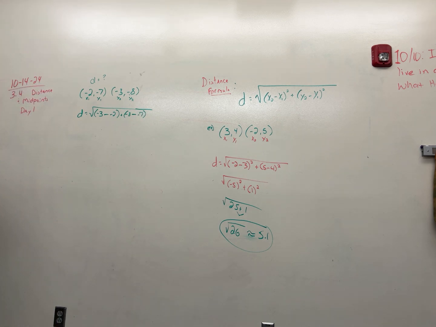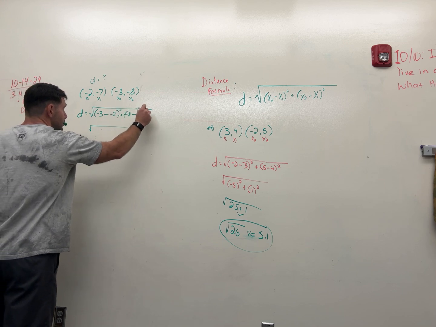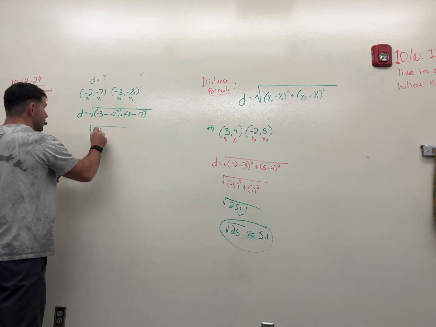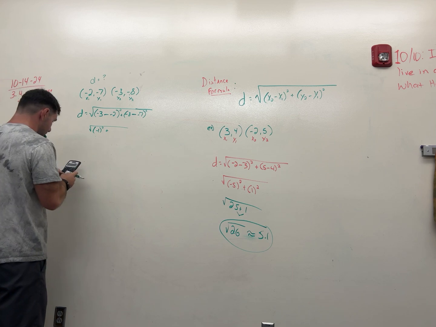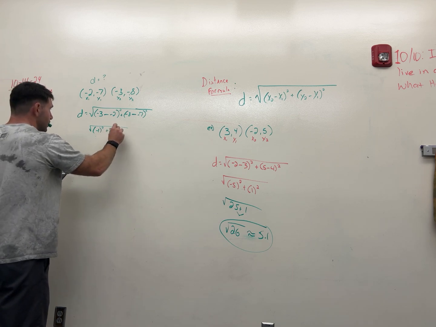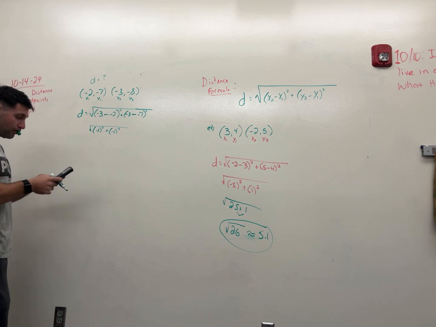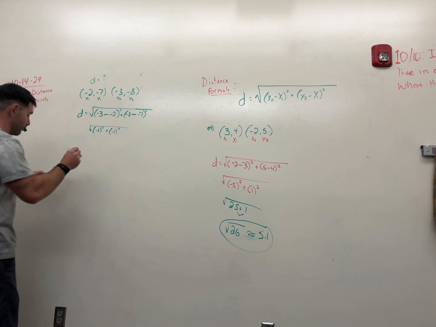Okay, so now when we do this in the calculator, you have to be careful. -3 minus a -2 gives me, oh, don't forget the squareds. Mr. H, you're screwing this all up. Gives me -1 squared plus -8 minus a -7 gives me -1 squared. So now, use your parentheses, -1 parenthesis squared gives me +1.